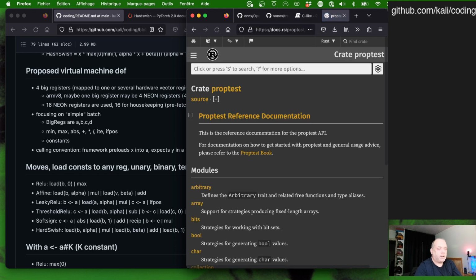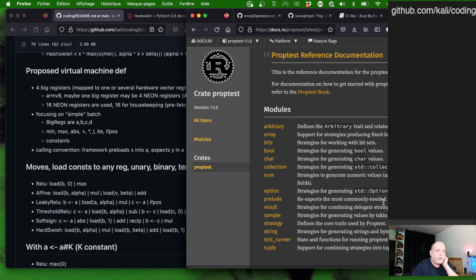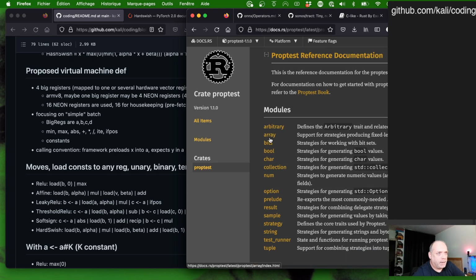I'm using prop test absolutely everywhere in Tract. I mean, specifically in the linear algebra crate, because that's how I'm testing that the matrix multipliers are correct. And as it's a huge bunch of unsafe code, with actually a lot of assembly in it, that's how I test all of this without spending weeks looking for corner cases by hand.